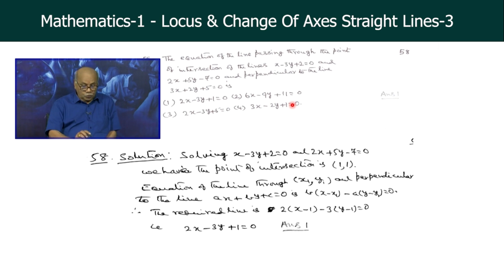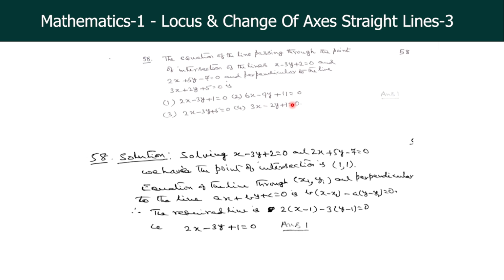Okay. Now, solving the two given line equations, x minus 3y plus 2 equal to 0 and 2x plus 5y minus 7 equal to 0, we have the point of intersection as (1, 1). So, the equation of the line through (x1, y1) and perpendicular to the line ax plus by plus c equal to 0, we know, is b into (x minus x1) minus a into (y minus y1) equal to 0.